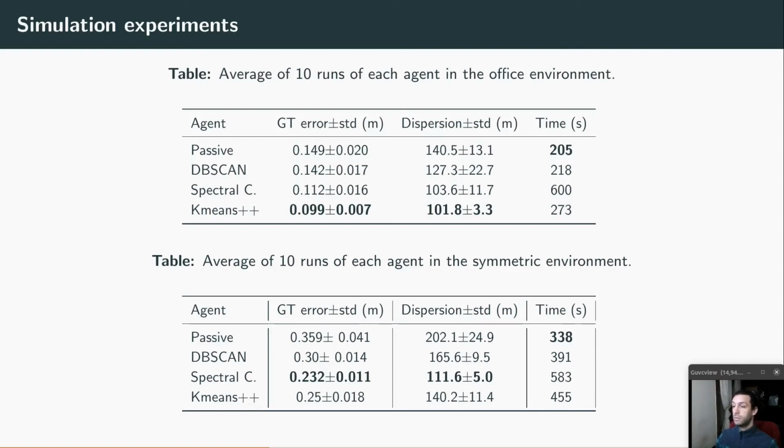And in the second environment, which is the symmetric one, both spectral clustering and K-means++ have the smaller ground truth error, and also keep the dispersion smaller than the other agents.